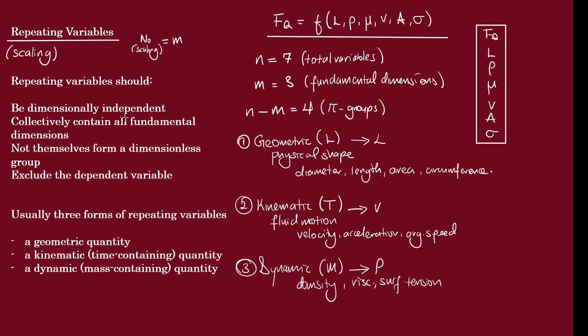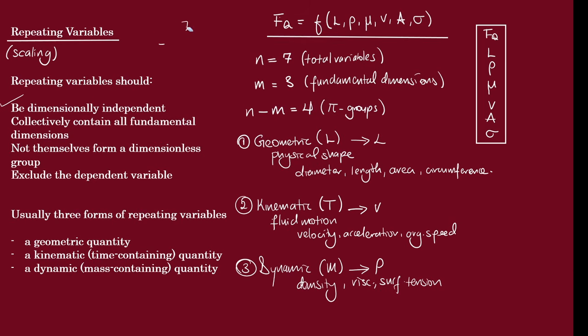So repeating variables should be dimensionally independent, meaning that you can't have two repeating variables that are dependent on the same dimension. So if one of my repeating variables was L for length of pipe and D for diameter, this will have dimensions L, and diameter will also have dimensions L. That is wrong and should not happen.